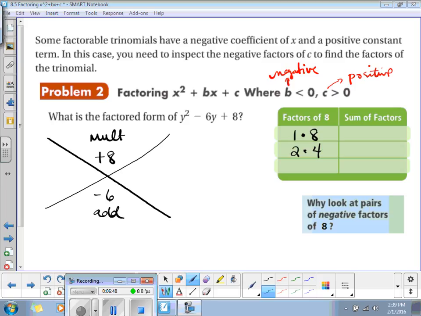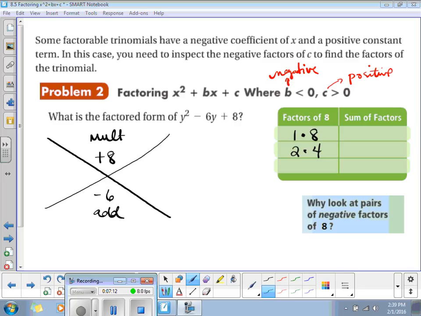When you multiply, we want to get a positive 8. Okay? What kind of numbers can I multiply to get a positive? A negative times a negative, or a positive times a positive. So this could be either both positive or both negative, right?